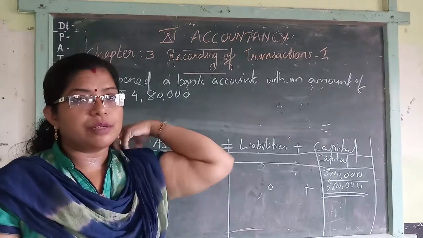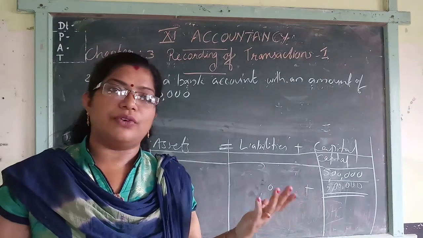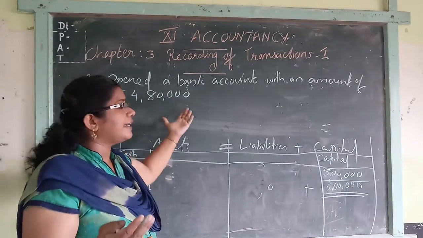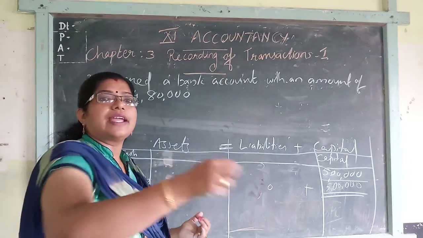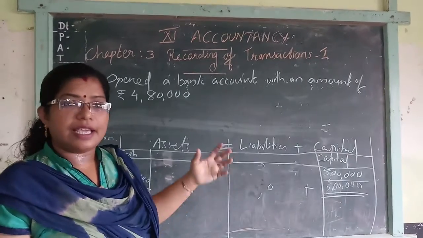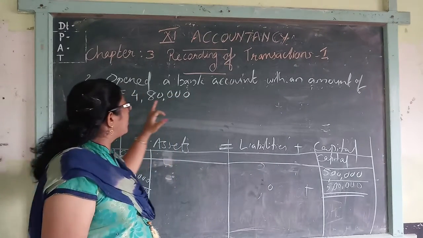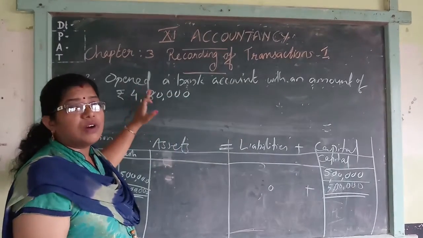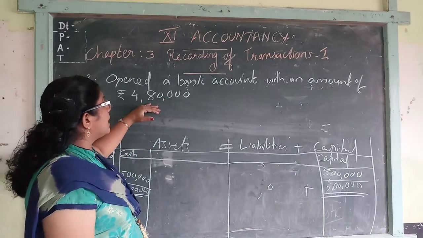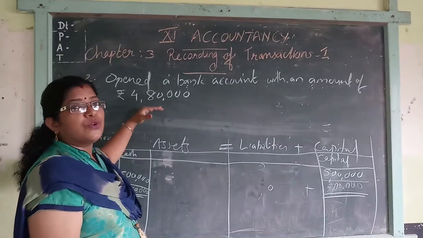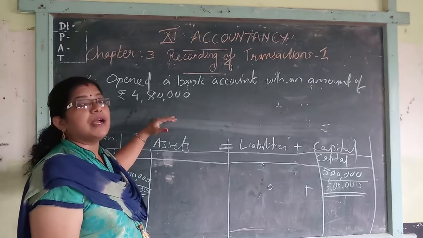But now your bank account is your asset. The amount deposited is 4,80,000, so the business has 4,80,000 as a cash balance in the bank account, isn't it?